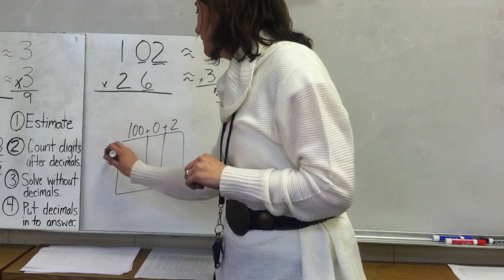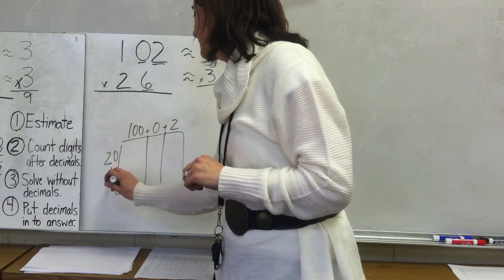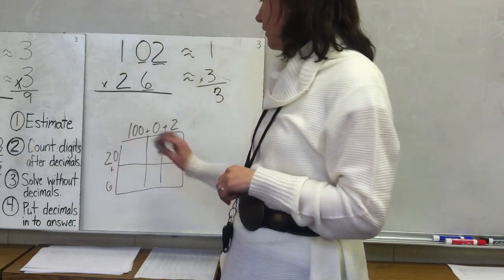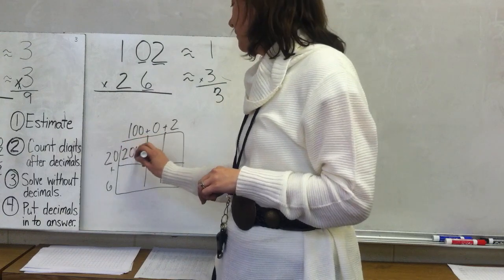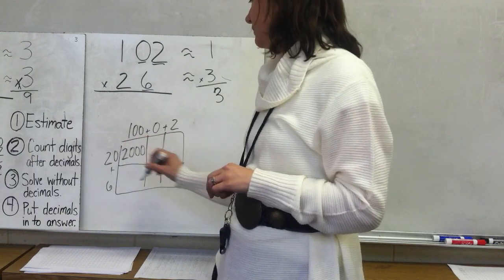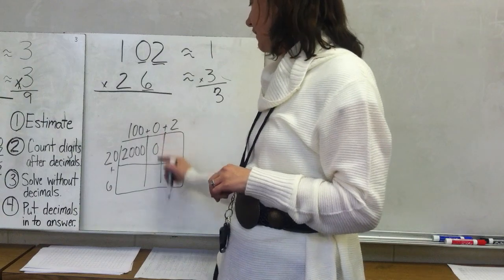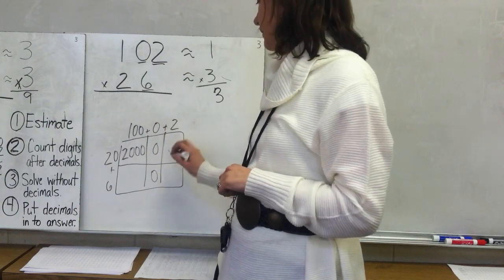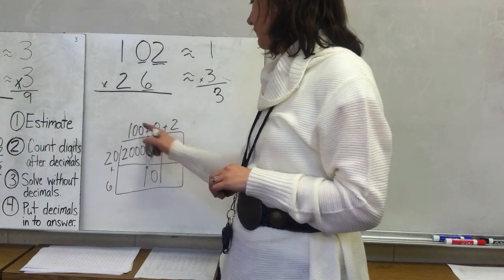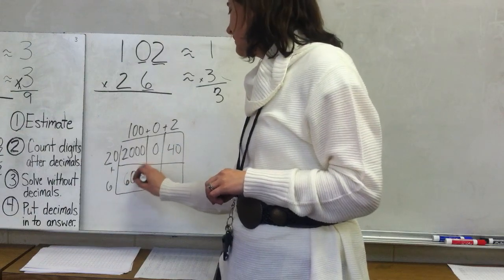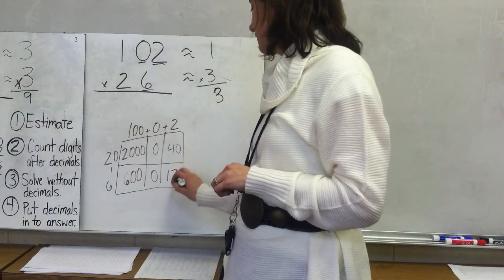And then I would have 20 plus 6. In this case, I would end up with 3 zeros after the 2. A 0 would be here, and actually a 0 would be here too. And then I'd have 40. 100 times 6 is 600, and we have 12.